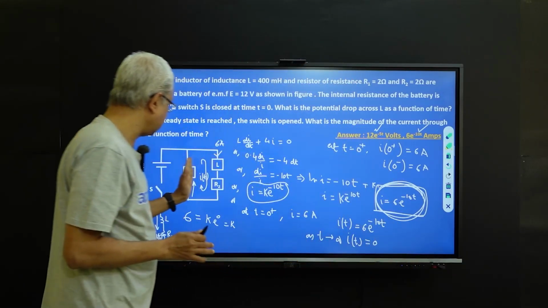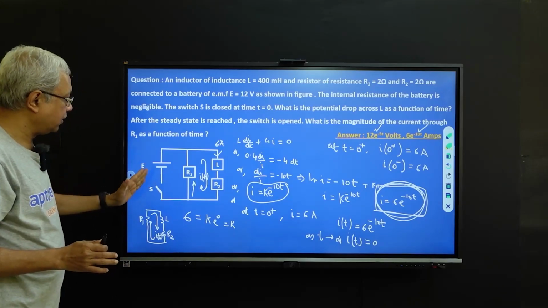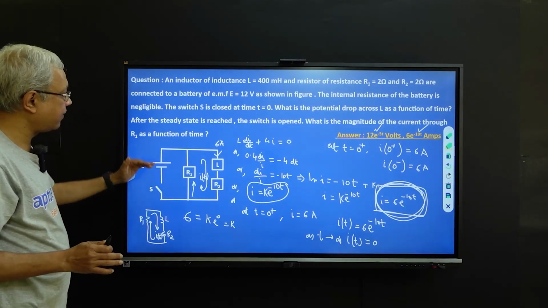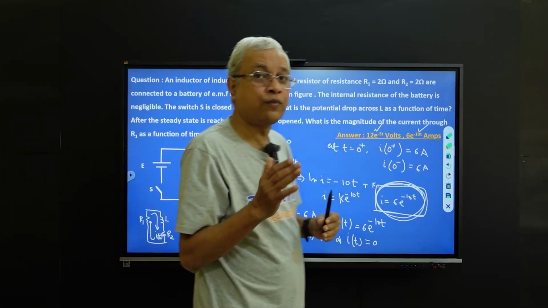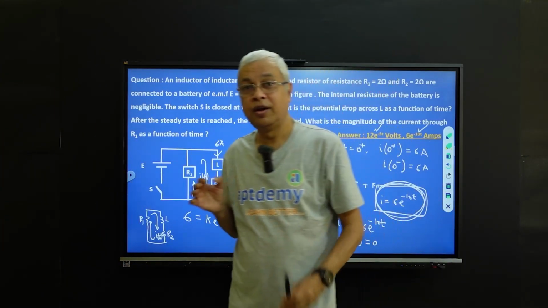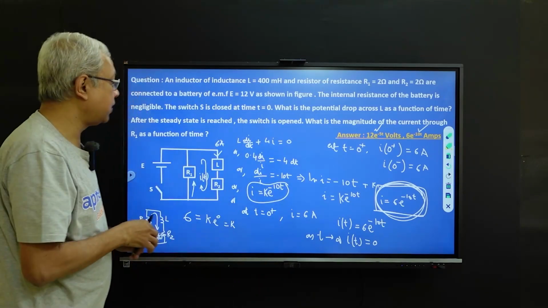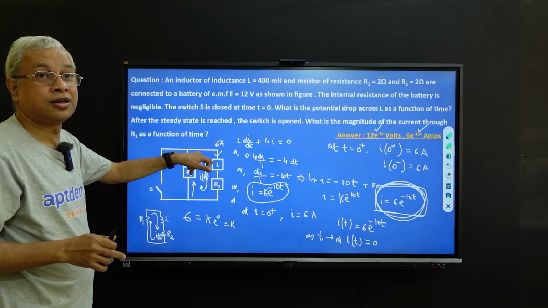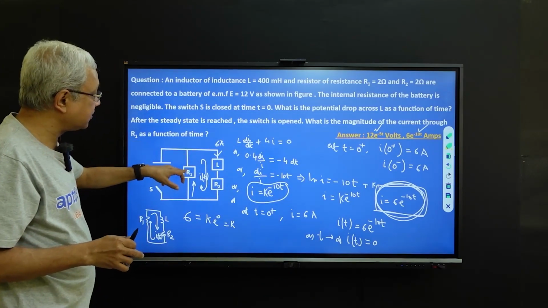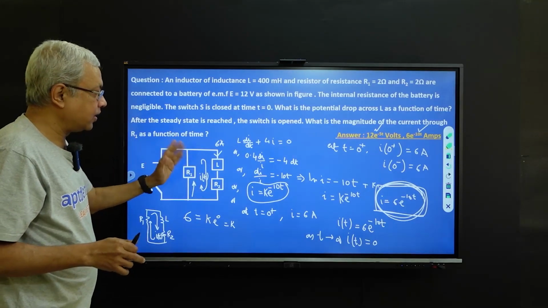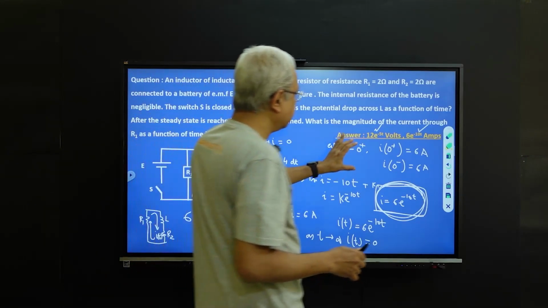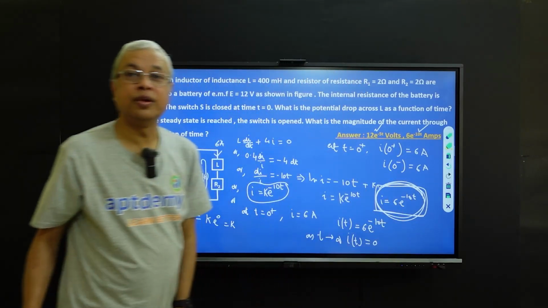Switch on and switch off are instantaneous phenomena, but the effect cannot be immediately sensed by the inductor, whereas it can be immediately sensed by resistances R1 and R2. This is the way you can solve the problem.